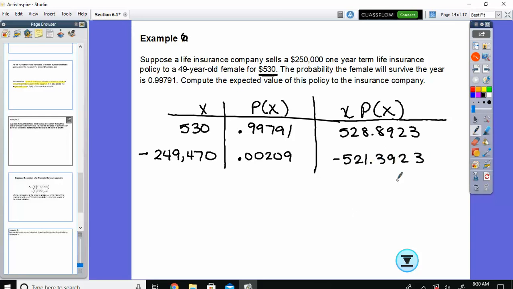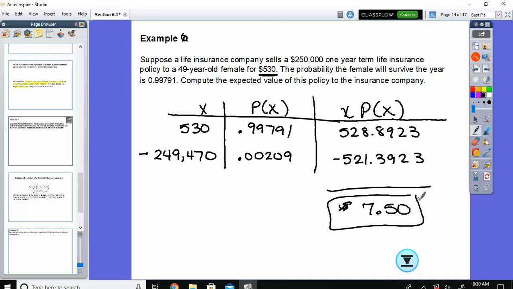And then what do I do with those numbers? Add them up. And we get $7.50. So their expected value is $7.50.